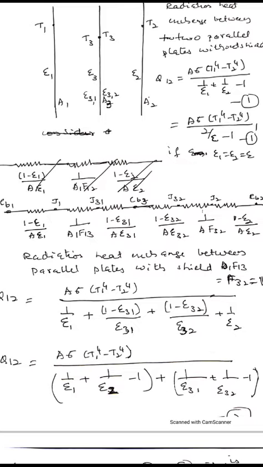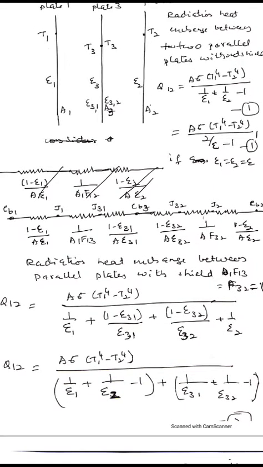The 6 resistances are in series. Therefore, radiation heat exchange between the plates 1 and 2 is given by Q12 equal to A sigma (T1 raised to 4 minus T2 raised to 4) divided by the summation of all these resistances.